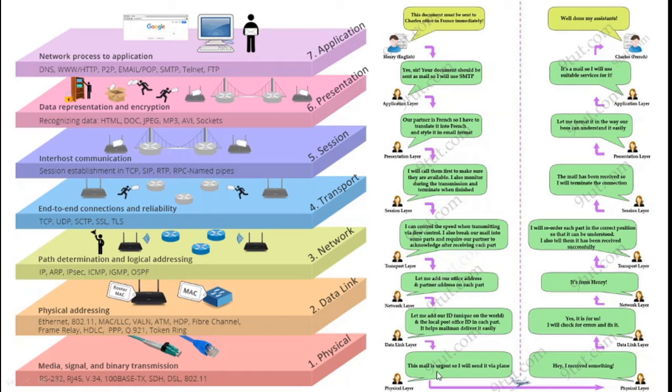So that's what the data link layer does. And the physical layer receiving it says this mail is urgent, so I will send it via plane. So that decision of the media is taken care of by the physical layer.